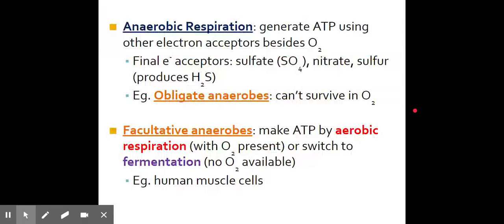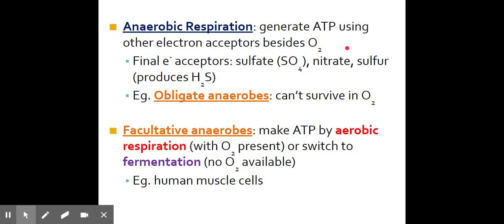So instead, the cell can go through a process called anaerobic respiration, which means without oxygen. And it can still generate ATP, but it can't make that much. It's going to only make 2 ATP during anaerobic respiration, but at least there's still ATP being formed.